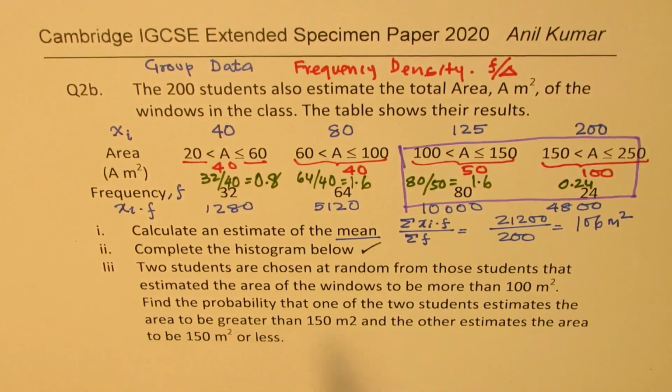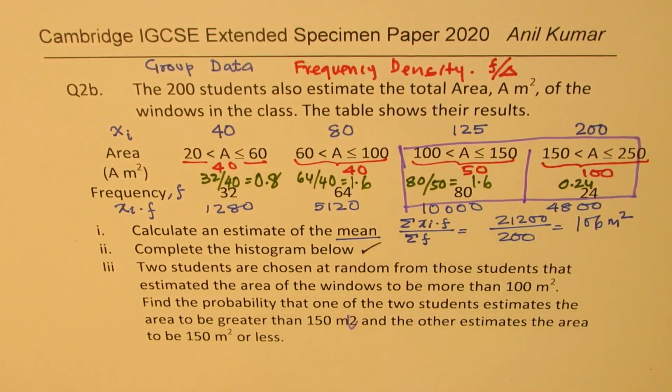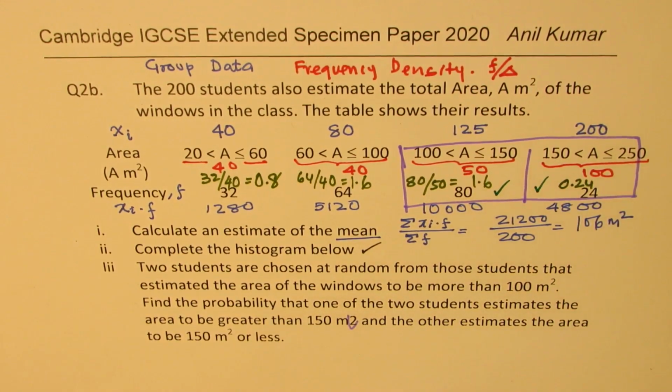Find the probability that one of the two students estimates the area to be greater than 150 meters square and the other estimates the area to be 150 meters square or lesser. So that means we want to find the probability that one of the students is from this group and the other student is from the other group, correct? So that is the question for you.